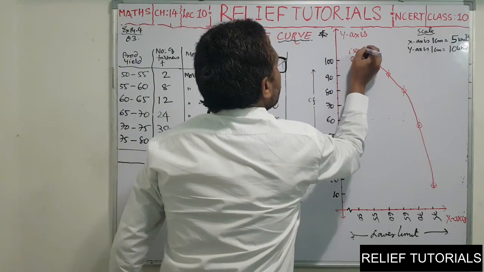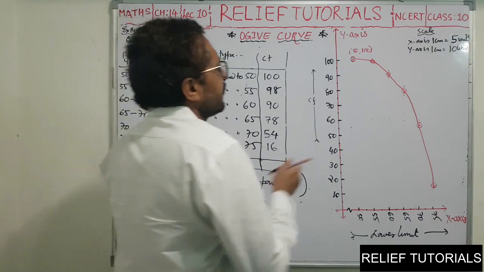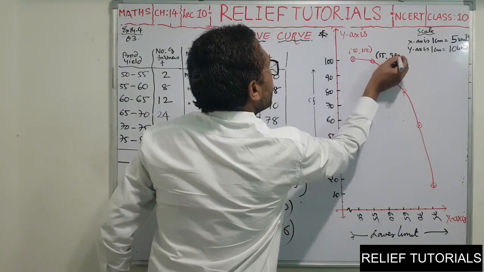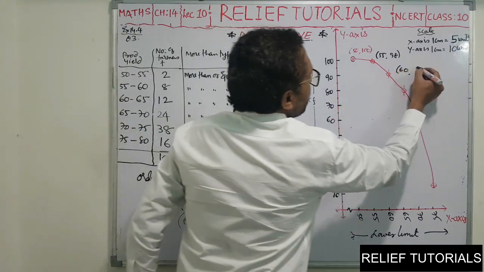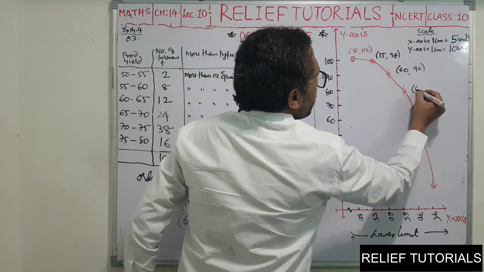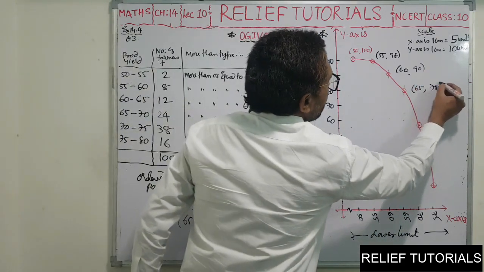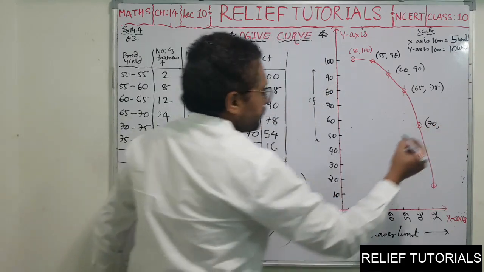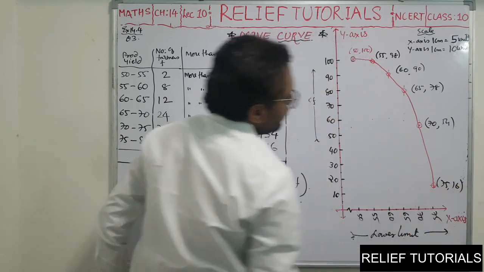This is 50, 100; 55, 98; 60, 90; 65, 78; 70, 54; 75, 60.